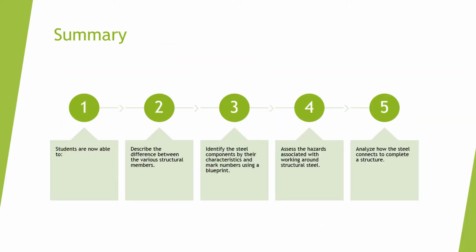So guys, today we've discussed structural steel components, and I believe we've met all our objectives. You guys done a great job at your practicals out in the field. You got some hands-on experience with the steel itself instead of just seeing it on paper and in front of your eyes. You actually got to touch it and see how it sits and everything.